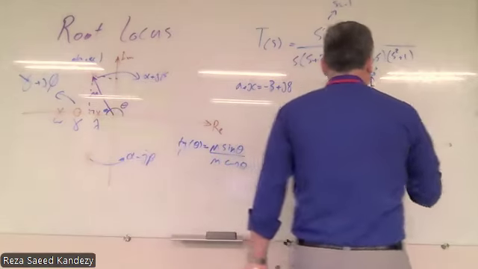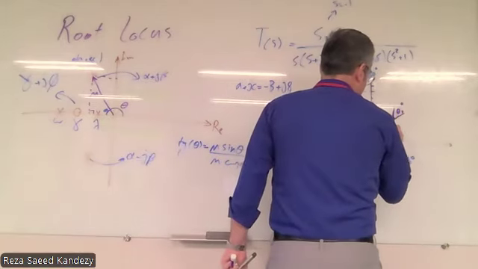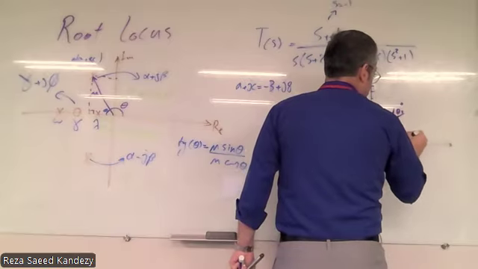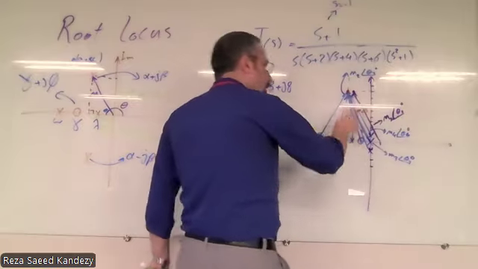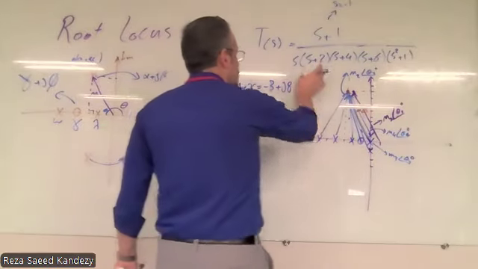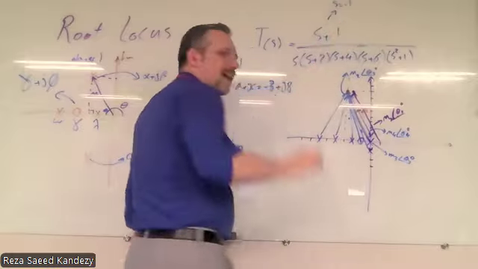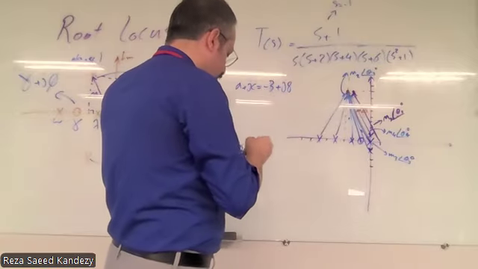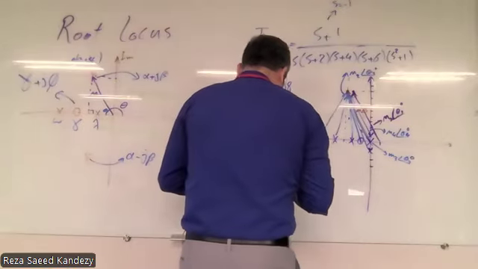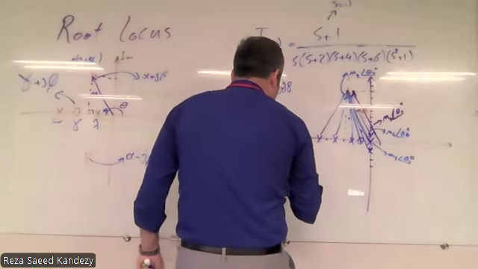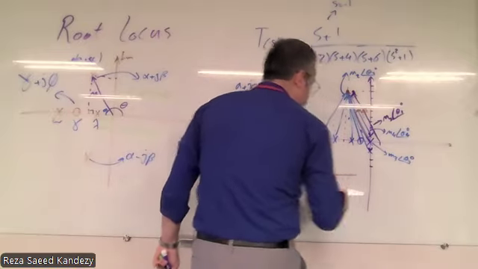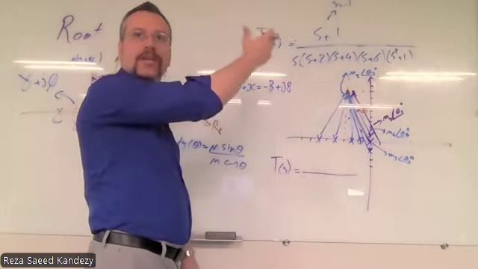So we are going to have M4 theta 4, M5 theta 5. So if I put this number here and change it to the phasor base, my value of T of S can be also calculated by the phasor representation of those values.